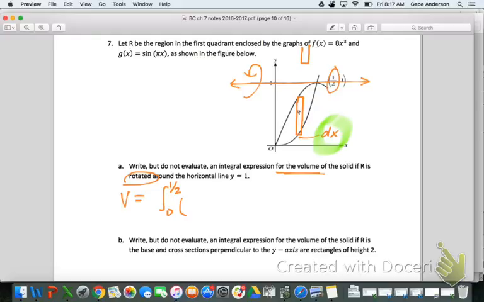Okay, you said 1 plus? 1 minus, okay. Okay. Tell me exactly what to write. 1 minus sine x. Squared?